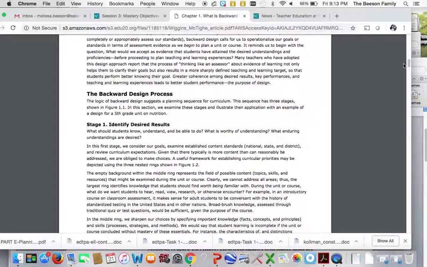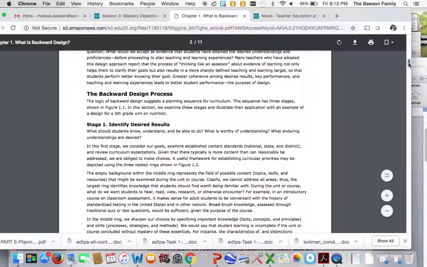So we say we're starting with the end, or beginning with the end, because we're looking at where they are going to be at the end of the lesson or the end of the unit. Instead of thinking about the activity first, we're thinking about our goal. What are the desired results? So we have to think about our standards and our objectives. What is guiding us is not an activity, but our goals or our objectives.